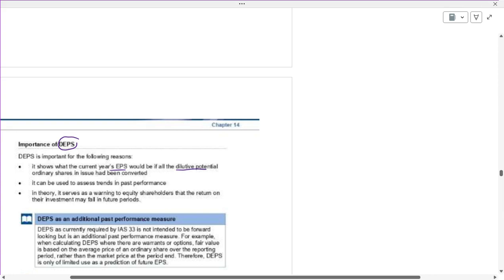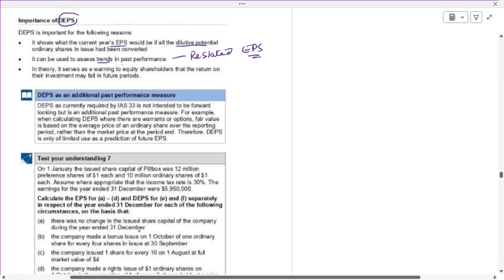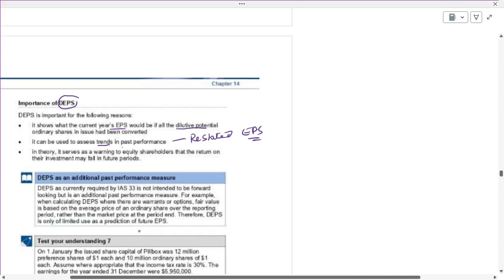Diluted means how the earning per share will fluctuate. It also talks about trends, how it happened in previous performance. We have taken restated EPS. Okay, diluted earning per share.